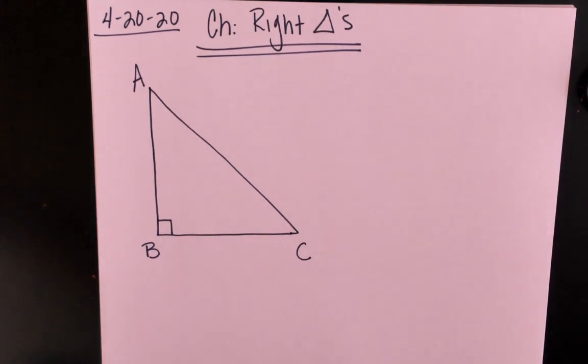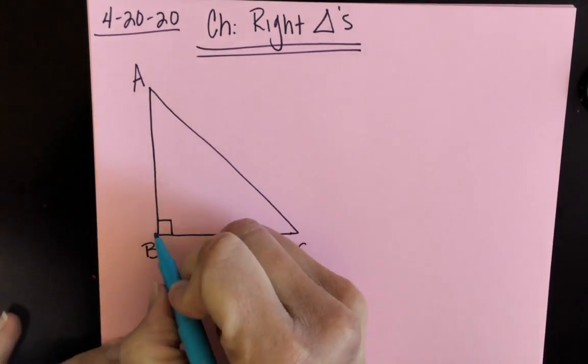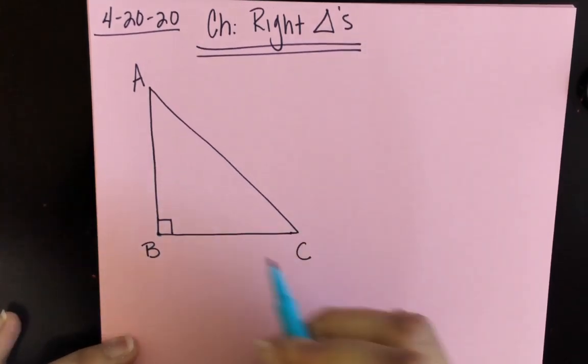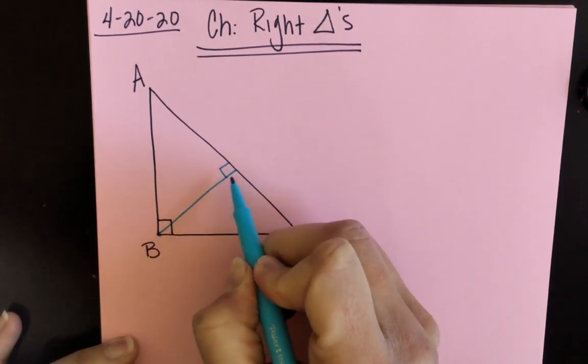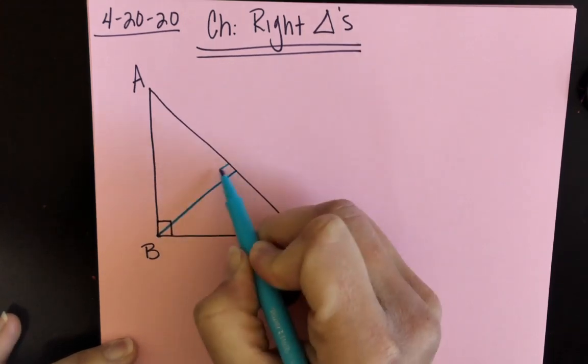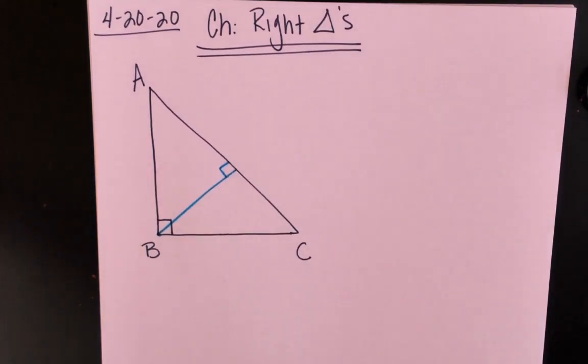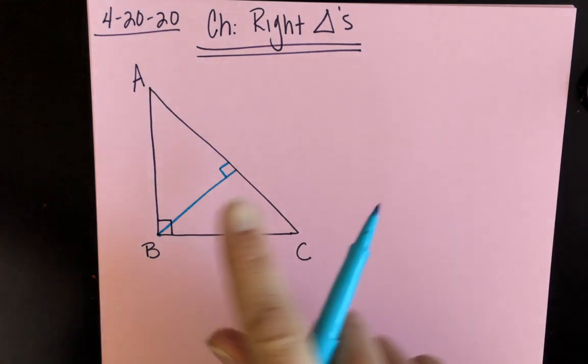So here's our big right triangle. The next thing I'm going to do with this right triangle is, as I get my markers out and ready, I'm going to put an altitude. Now remember, an altitude starts at the vertex of a triangle and it goes to the opposite side and is perpendicular to the opposite side. And for many of you that did our E&C pages, you saw that we had altitudes in one of the proofs, and we had to say that it was perpendicular.